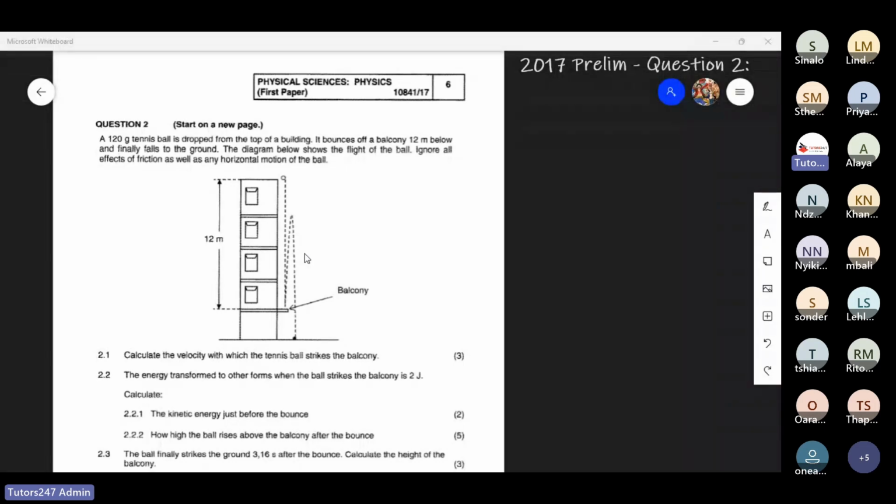But if it is dropped, it is always going to be a velocity of 0. So this object is dropped. It is then displaced 12 meters downwards until it hits the balcony. Once it hits the balcony, it rebounds, reaches a new maximum height, and then falls to the ground.